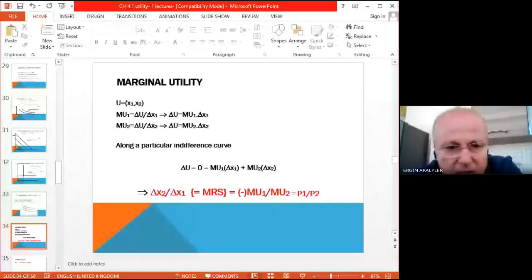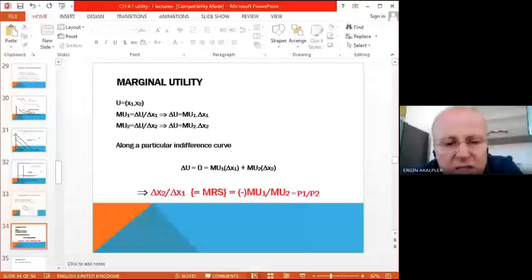Delta u is the change, isn't it? The change in utility gives you marginal utility 2 multiplied by delta x2, where it is the change in x. And delta u is supposed to be 0.